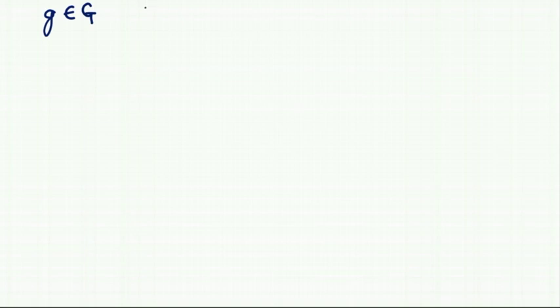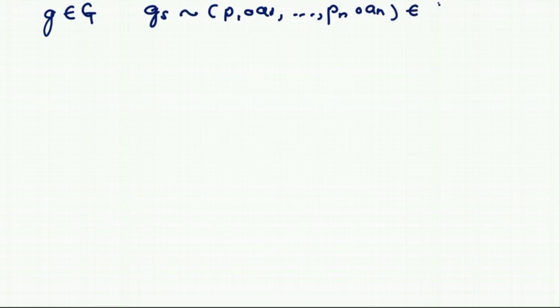And then we have GS, which is an equivalent relation of probability of outcome 1 as a composite of outcome 1 until probability of outcome n as a composite of outcome n, and this is in the set of simple gambles.